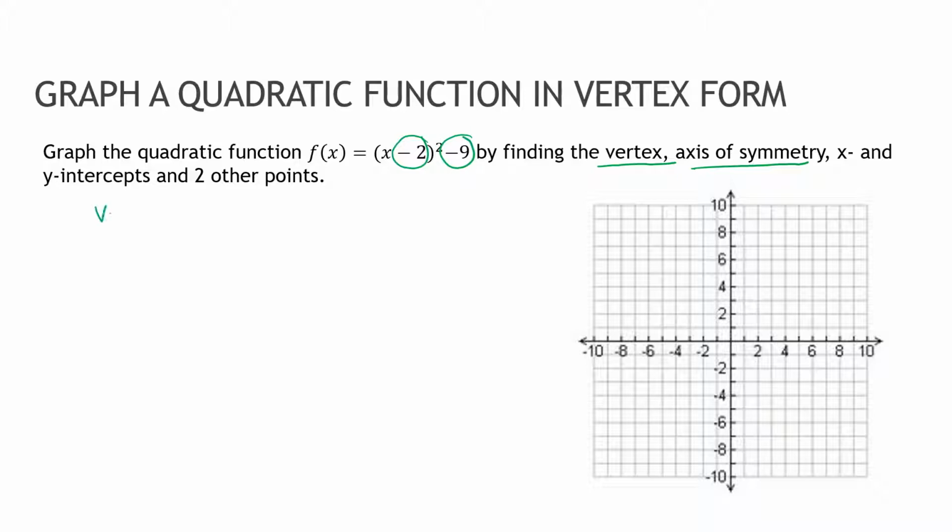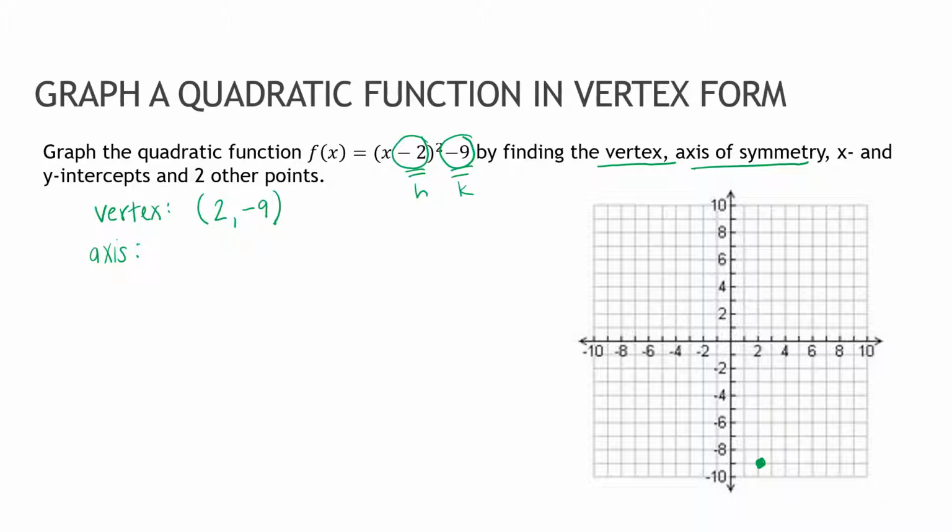So the vertex and the axis of symmetry. The vertex is found by taking the h value, which remember is the opposite sign, so positive 2, and the k value, which is negative 9. And that point, 2, negative 9, I can go ahead and graph. Then I can look at the axis of symmetry.